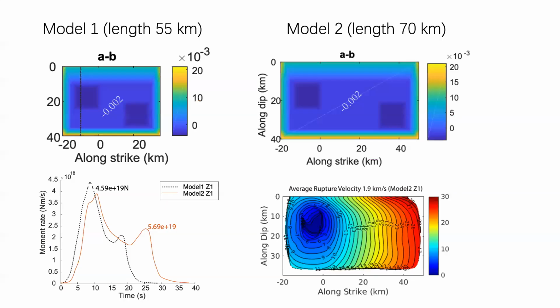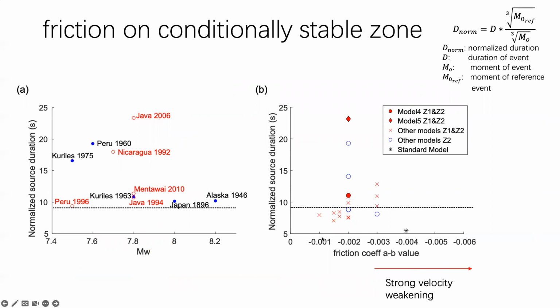We also modulate the friction parameter A minus B on the conditional stable zone, changing it from minus 0.001 to minus 0.004. And for all the events, we calculate their normalized source duration to compare with each other. For the historical events, the normal historical tsunami earthquakes, the normalized source duration ranges from 9 to 23 seconds.